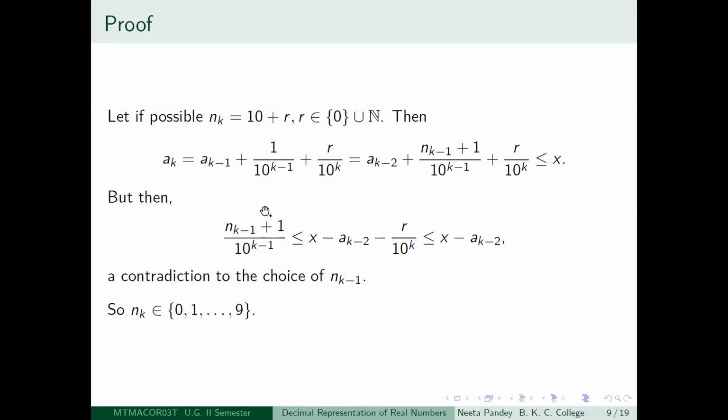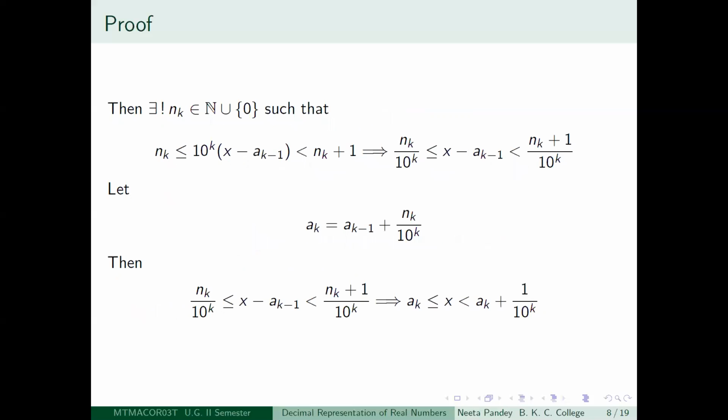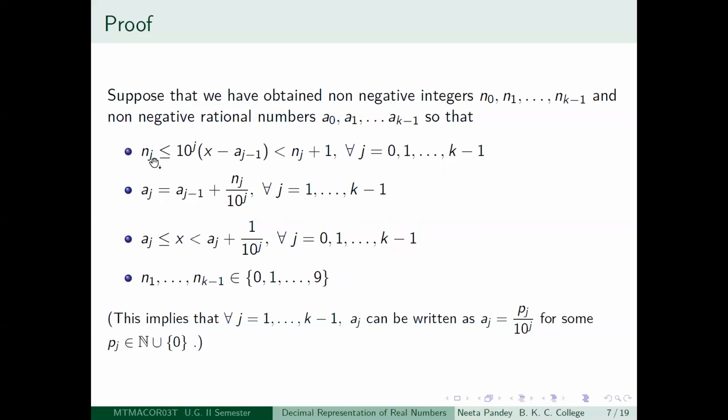So again you are getting that nk minus 1 plus 1 is less than or equal to 10 to the power k minus 1 times x minus ak minus 2. But this is contrary to our hypothesis that for j from 0 to k minus 1, your nj's are chosen to be like this: that nj plus 1 has to be strictly greater than 10 to the power j times x minus aj minus 1.